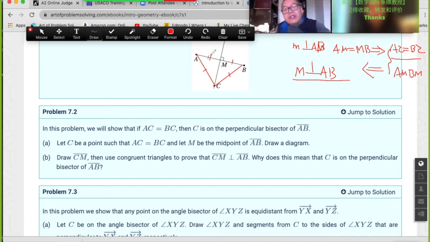You can consider these two triangles, ACM and BCM. In these two triangles, you have AC equals BC, AM equals BM, right? And also the shared side CM. Then which theorem can you use to prove these two triangles are congruent?